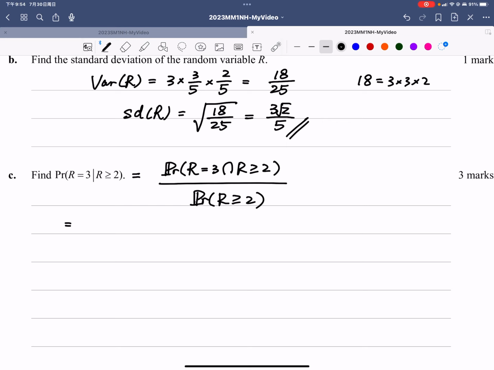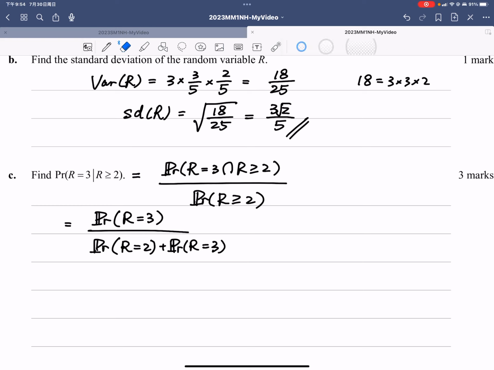So I'm taking the intersection to get only one event, which is R equals 3. The next line will be probability of R equals 2 plus probability R equals 3, okay?